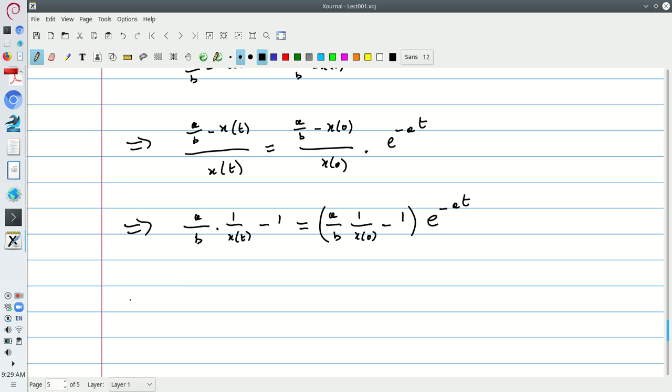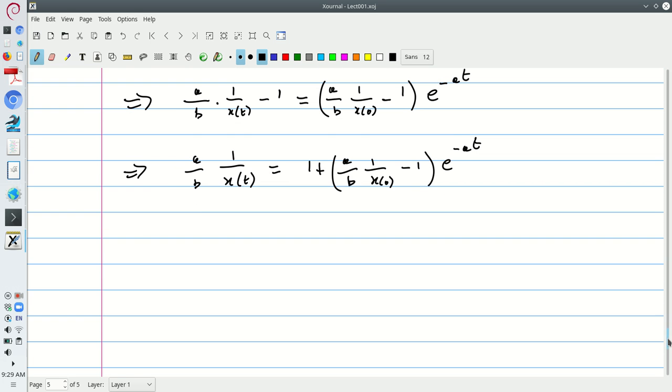Let's move the 1 to the other side. So we have a divided by b times 1 over x of t equal to 1 plus a divided by b times 1 divided by x0 minus 1, all this multiplying exponential of minus at.